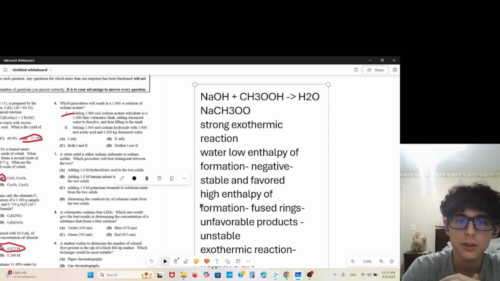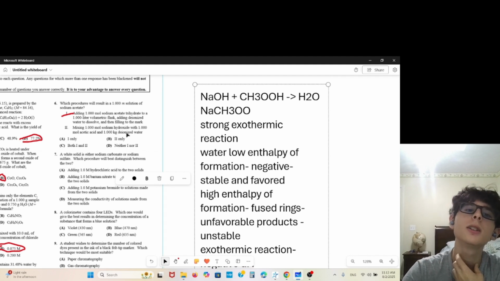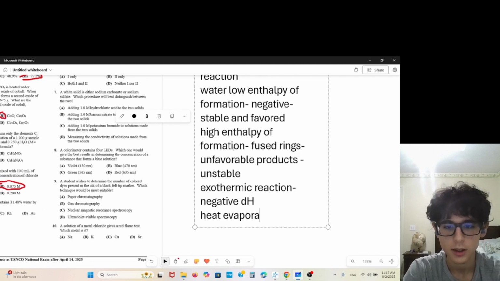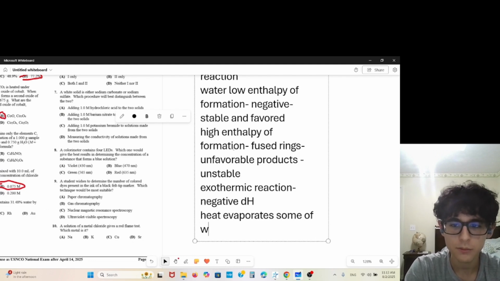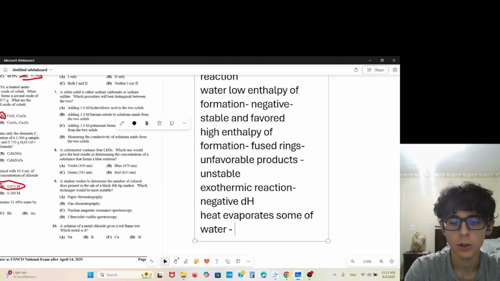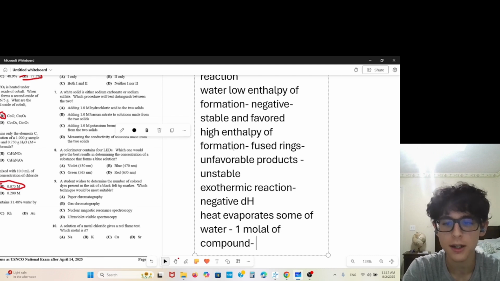So what happens to this energy that is released, this heat? Well, it's going to evaporate some of this water, believe it or not. And it's going to decrease the amount of water you have, so you're not actually going to have 1 kilogram of water for 1 mole of your compound. You're not actually going to have that.